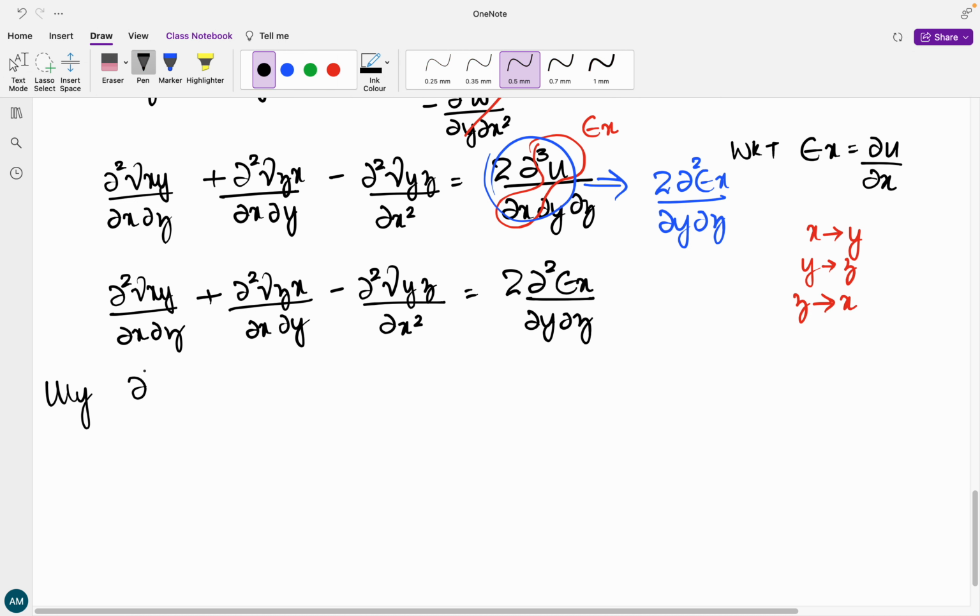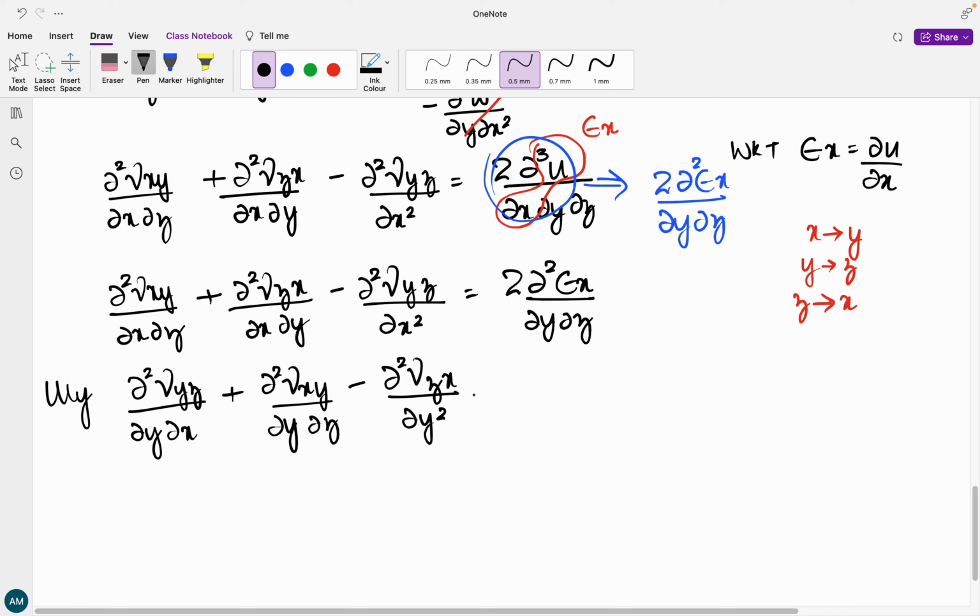So in ∂²γ, x and y shift to y and z; where x is there, it is y, and where y is there, it is z; where z is there, it is x. Plus ∂²γzx, x becomes y, y becomes z, minus ∂²γyz, so z, then x, and y. This is equal to 2 times ∂²εy, y divided by z, x.